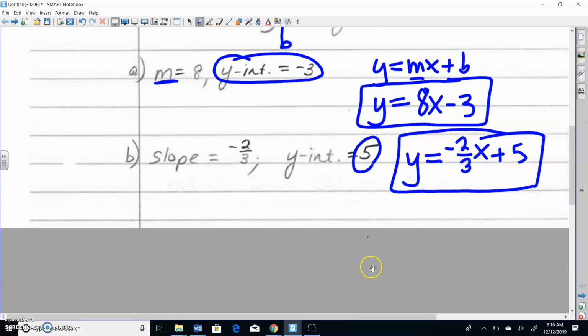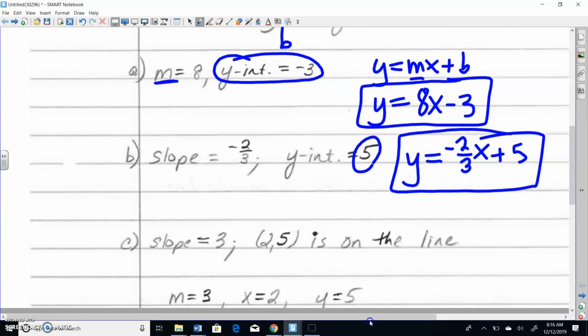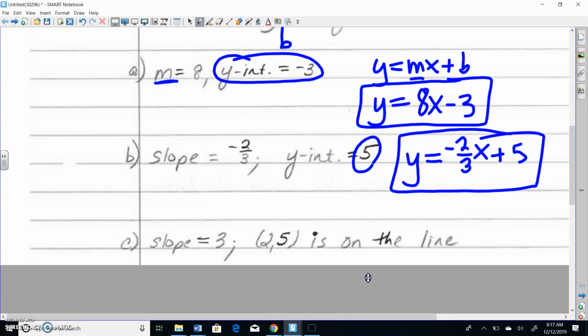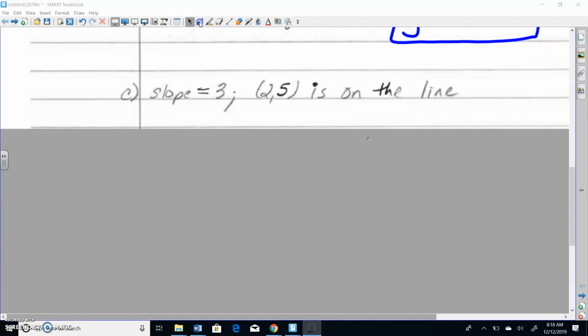Now we're going to look at where you're given your slope and a point on the line. So in our equation we have y equals mx plus b, and here's our m.